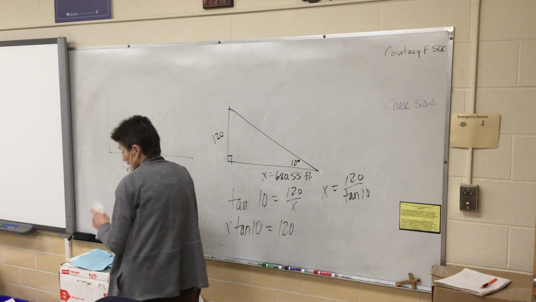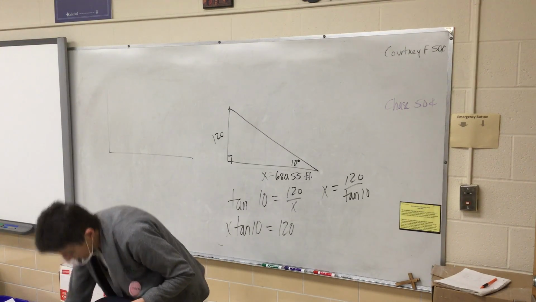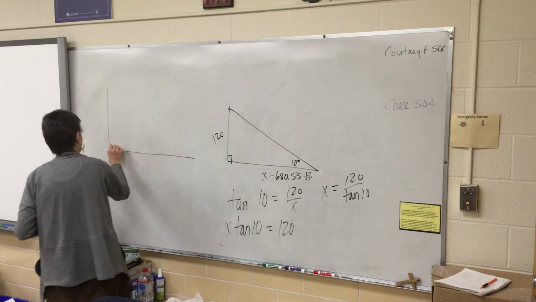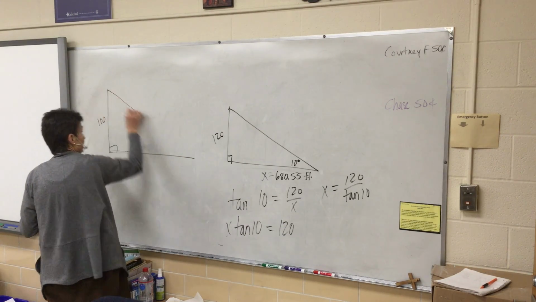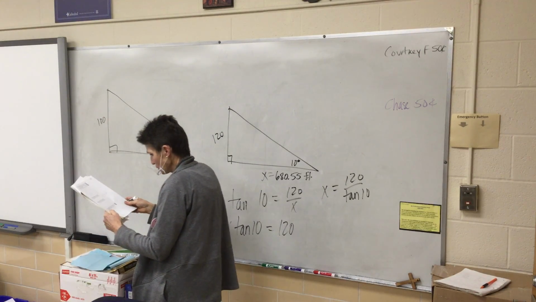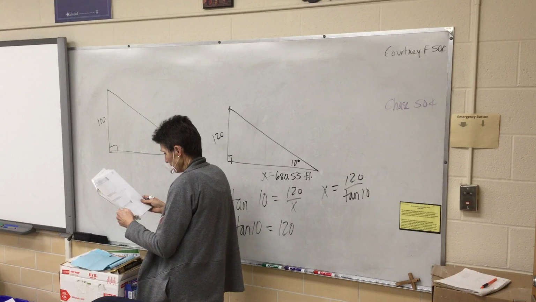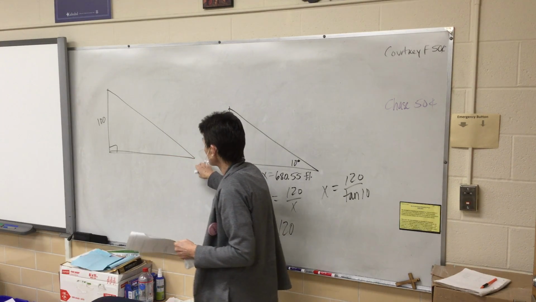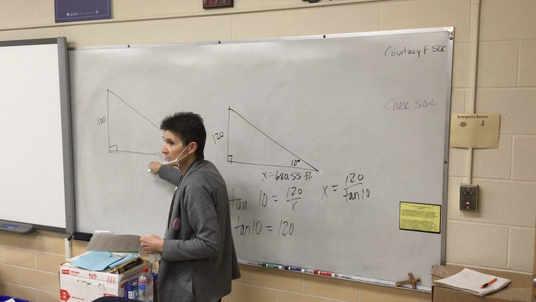Okay, so you have a building, and it's 100 feet tall. And a man is up there watching a car. So the car is moving toward the building. So the car's like going this way.